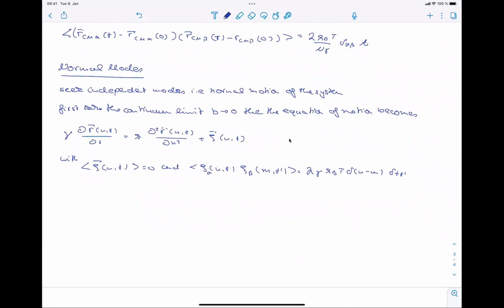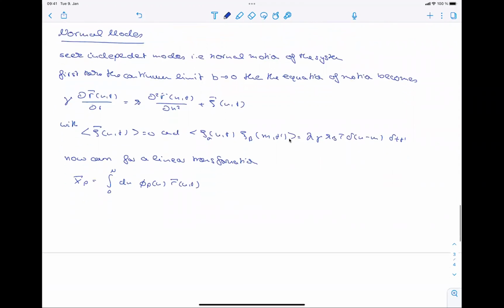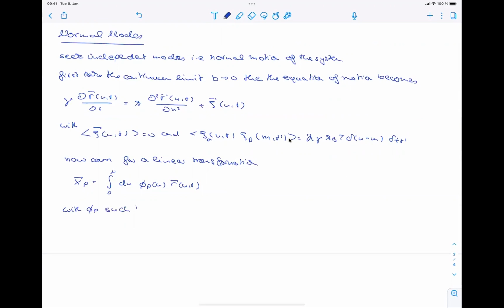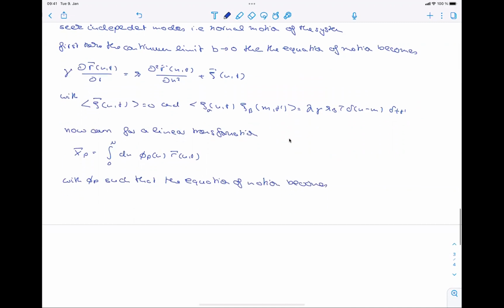Okay, now with this in mind, we aim for a linear transformation with X_p, such that we have to determine this phi_p such that the equation of motion becomes linear.